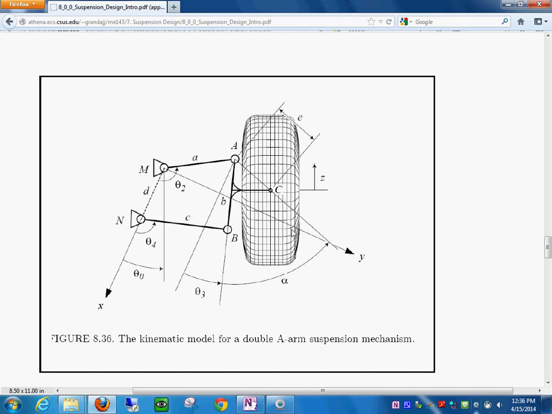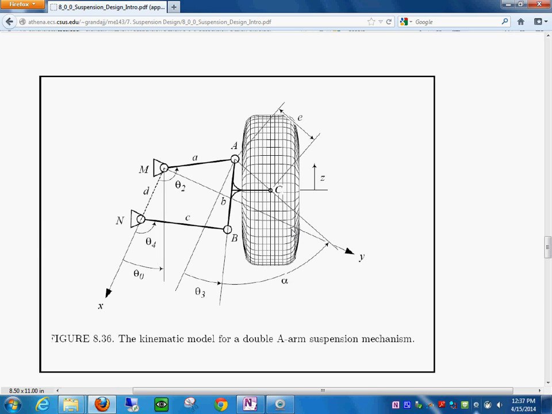So suspensions are designed for the wheel to travel a certain way, the way the designers intended. For example, if you take a turn at a high speed, you don't want the wheel to be caving in, but rather to be in the vertical position or a little bit out, so that it will contribute to the stability of the car. Because if it comes all the way in, chances are you might roll over.